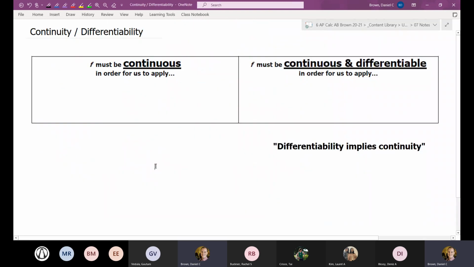I want to go back to this little chart just to remind you that to use these theorems, we do have to have certain requirements. Some of them just require the function to be continuous, and some of them require it to be both continuous and differentiable. The ones that require it to be continuous, as we already wrote down, are the IVT, the EVT, and the mean value theorem for integrals.